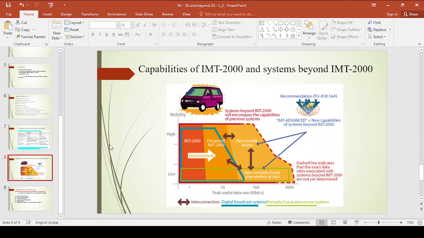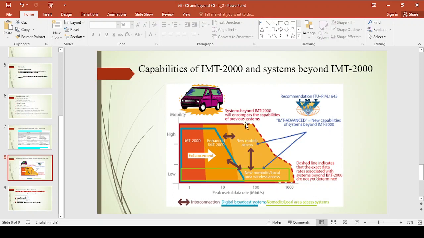Now the development has started from 3G to the enhanced version, nothing but 4G, in order to improve the data rate. The mobility remains constant and the data rate has been improved, nothing but your 4G system, right?